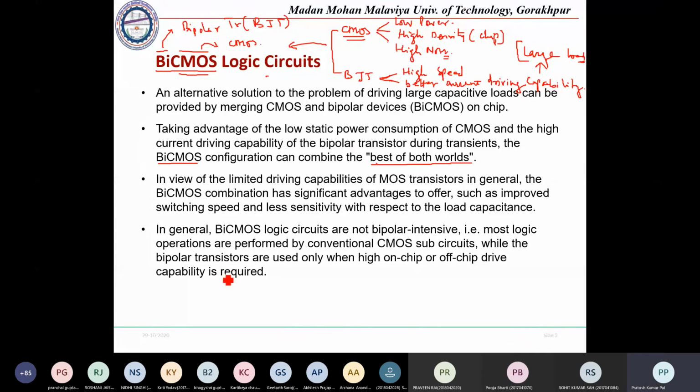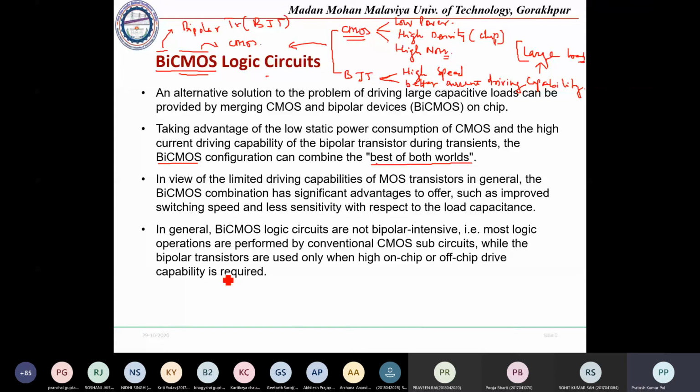One of the most important will be the driving capability. So it can handle a large on and off chip load. On and off chip capacitance, or we call it on and off chip load, or capacitive load.